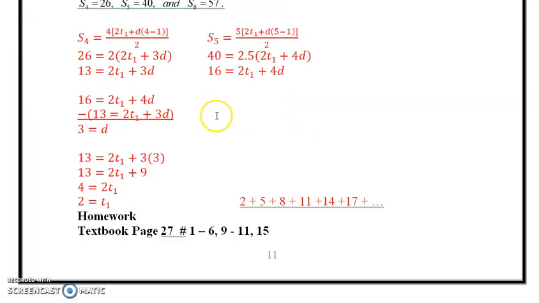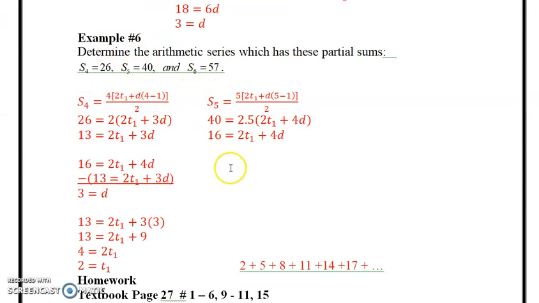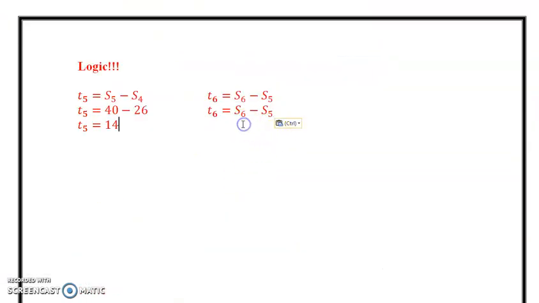So again, this is just logic based on what information we had, right? Which would be, what do we have? We had 57, subtract 40, and that would give us a total of 17.